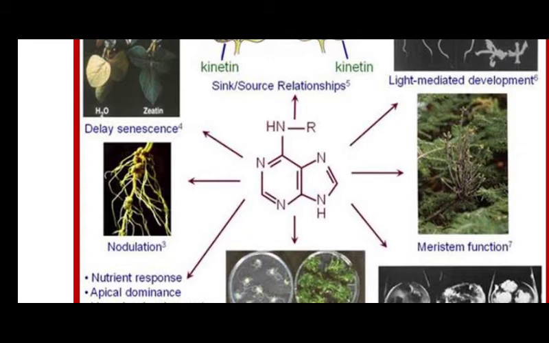If you are not familiar with nodulation, it is a feature seen mostly in leguminous plant species, where in the roots the rhizobium organism forms root nodules. This nodulation process is assisted by the presence of cytokinins.